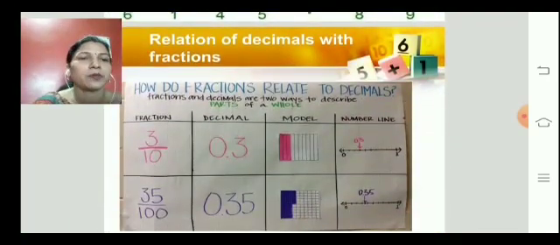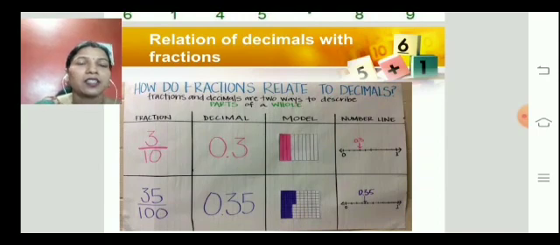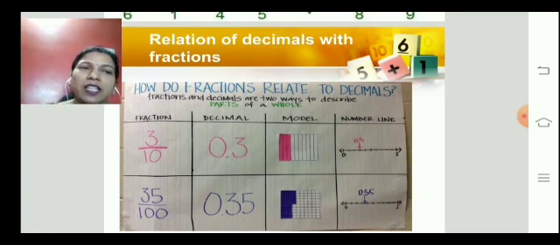Now, if we have to represent this on the number line, if the fraction is given as 3 by 10 and the decimal is 0.3, it means it is less than 1. So, on a number line, as it is less than 1 and more than 0, the place between 0 and 1 is equally divided into 10 parts, and the third part is 3 by 10. 1 is 10 by 10.